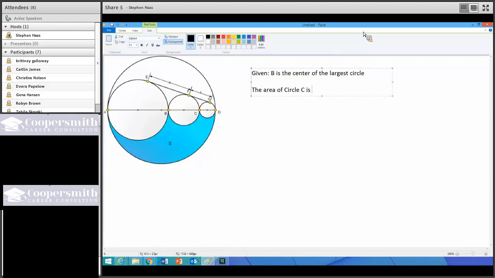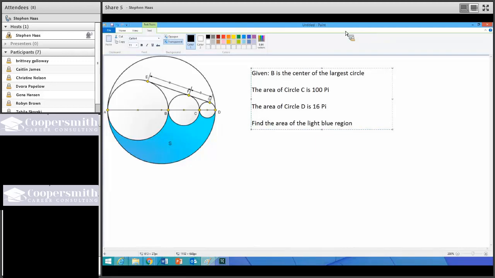I don't know how to get the pi symbol. The area of circle D, excuse me, is 25 pi, or let's make it 16 pi. And find the area of the light blue region.